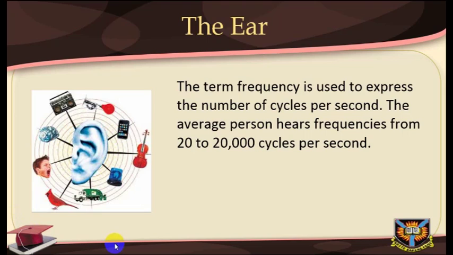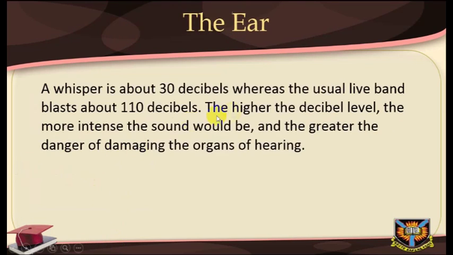The loudness of a sound is determined by the height or amplitude of the sound wave and is measured in units called decibels. A whisper is about 30 decibels, whereas the usual live band blasts about 110 decibels.